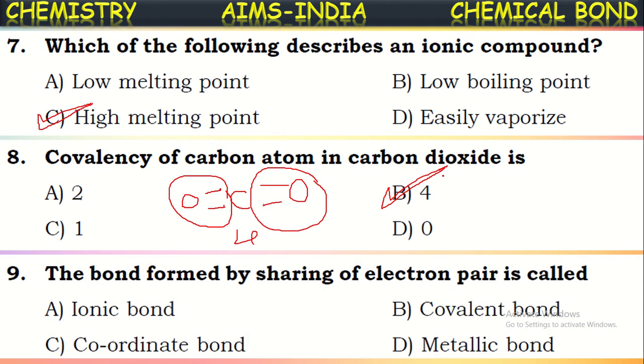Okay. Next, the bond formed by sharing of electron pair is called covalent bond. The bond formed by the transfer of electrons is called ionic bond. The bond formed by the sharing of electron pair is called covalent bond.